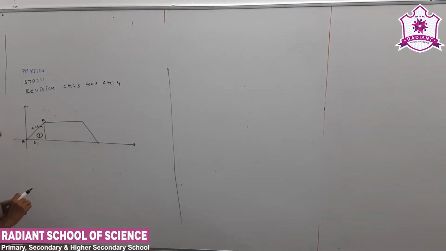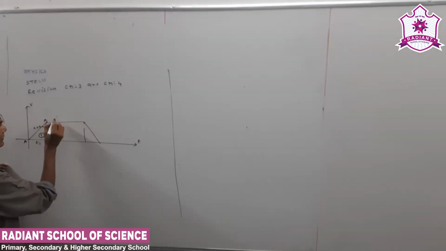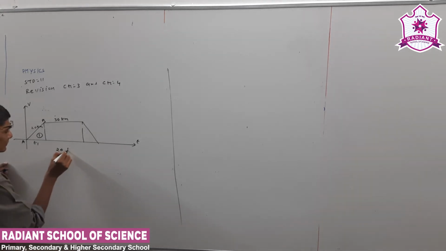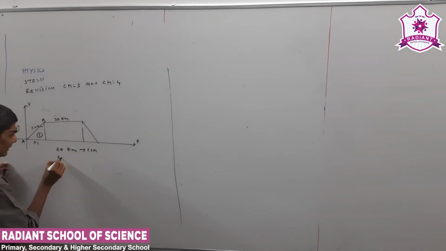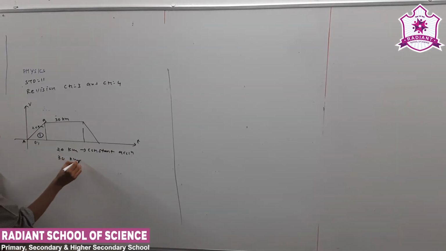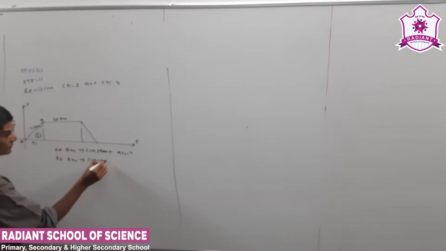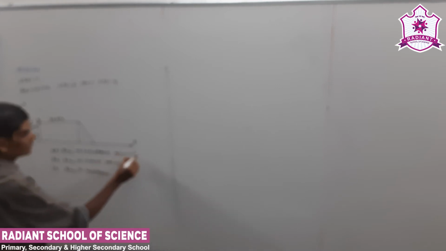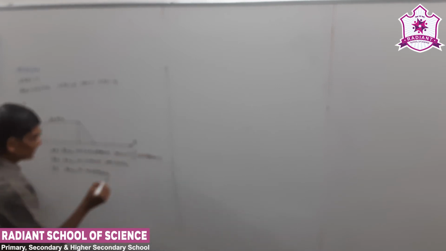Then the next 30 kilometer, it travels with a constant velocity. First 20 kilometer with constant acceleration, then 30 kilometer with constant velocity, and the last 10 kilometer with uniform retardation.